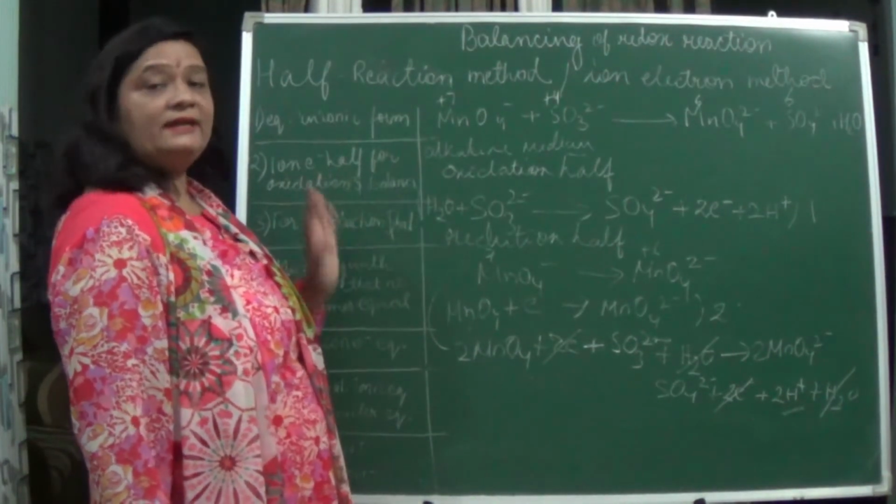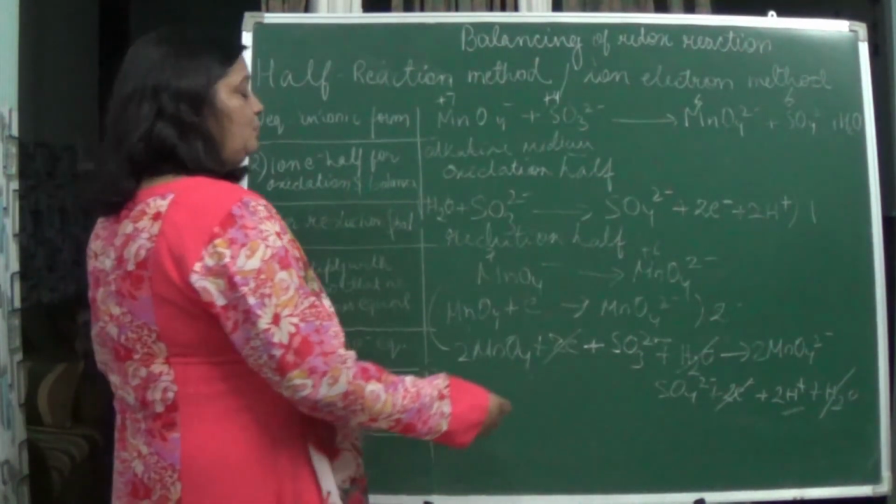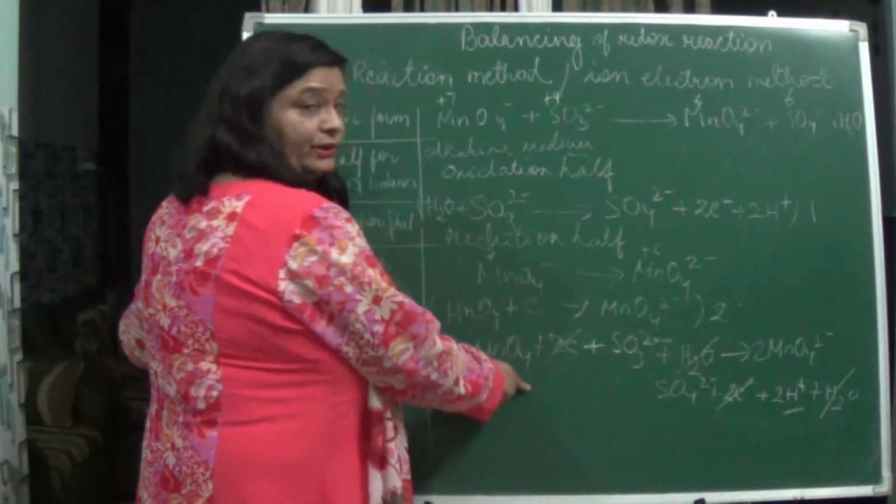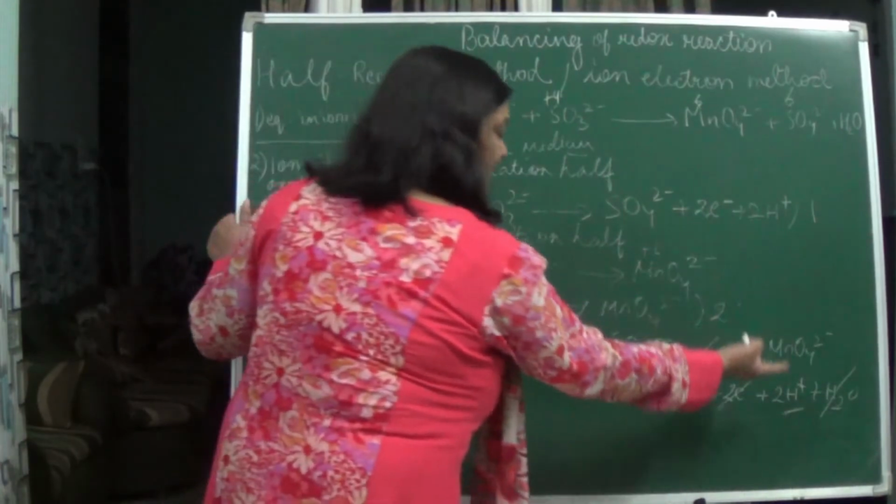Now as it is in alkaline medium and we are getting 2 H plus ions over here, we will be adding what? That much OH minus ions over here and that side also.